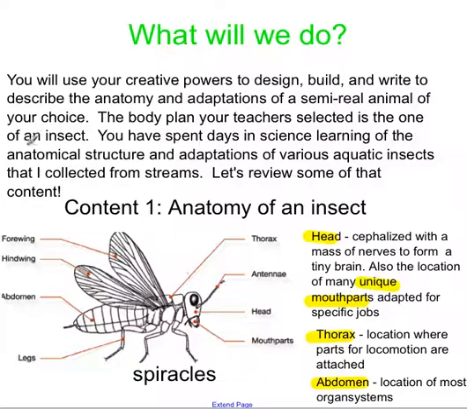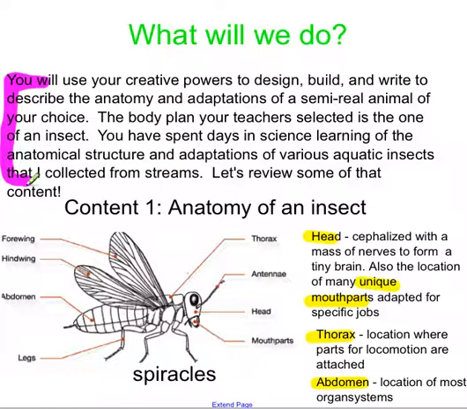Alright, here's the basic anatomy of an insect. I won't waste your time and read, but sometime you can replay this and read some of this content here. But I'm going to go over some of the things that are key to having in your Insectatera project.